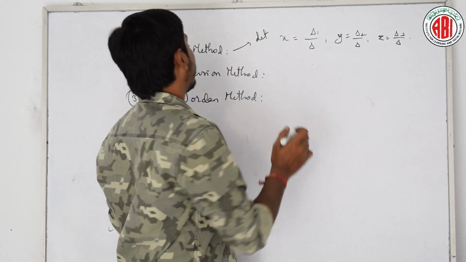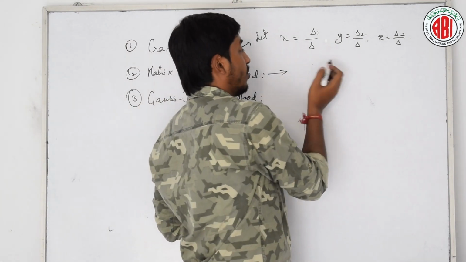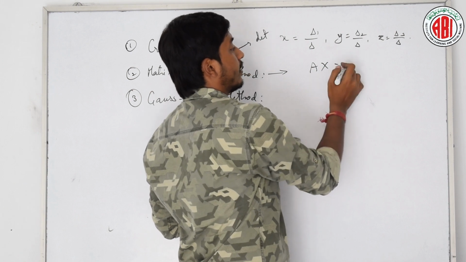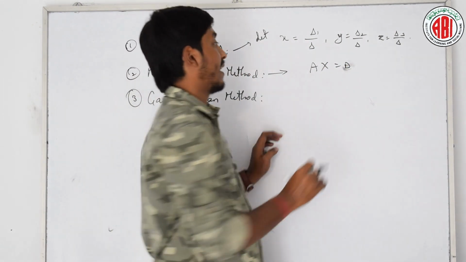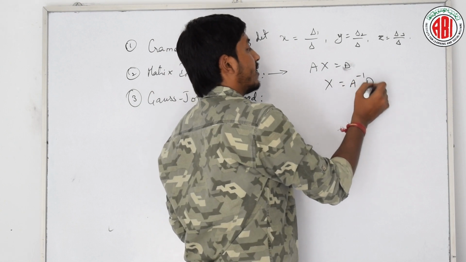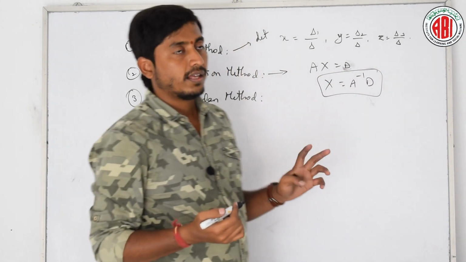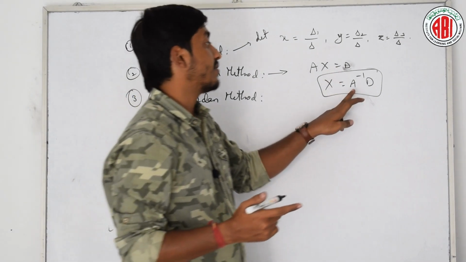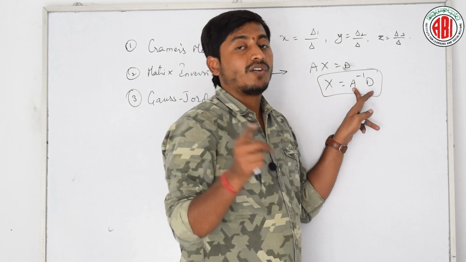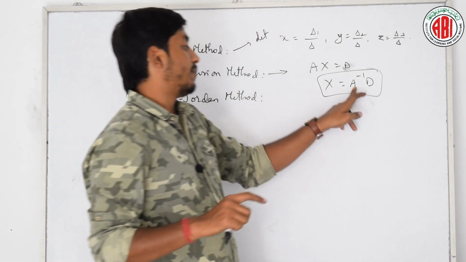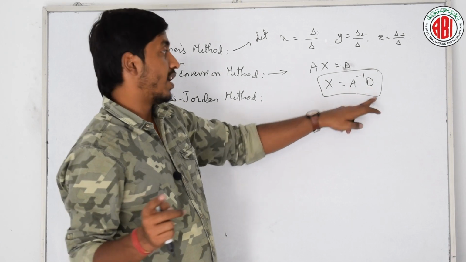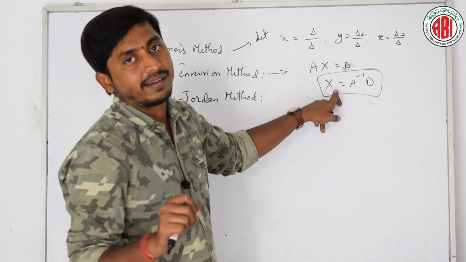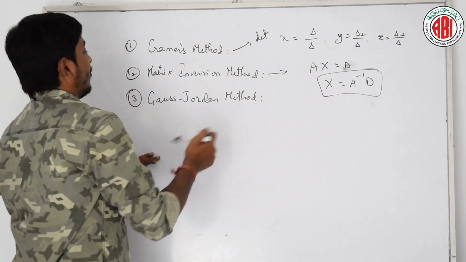Whereas in the matrix inversion method, we know that Ax is equal to D. From this, can I write x is equal to A inverse into D? Yes, that's it. Here x is nothing but xyz, which is my variable matrix. That is, I have to find the inverse of my coefficient matrix, then multiply it with the constant matrix. Then whatever matrix we get, that will be our solution matrix.